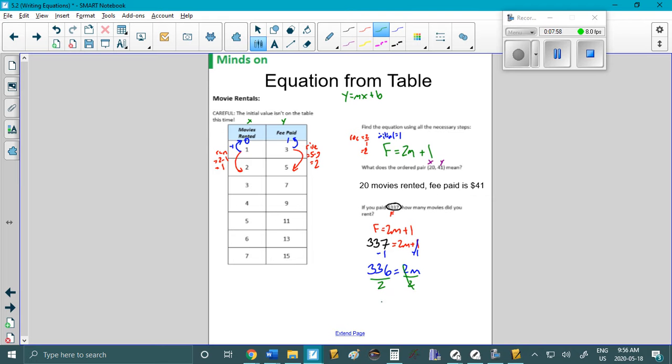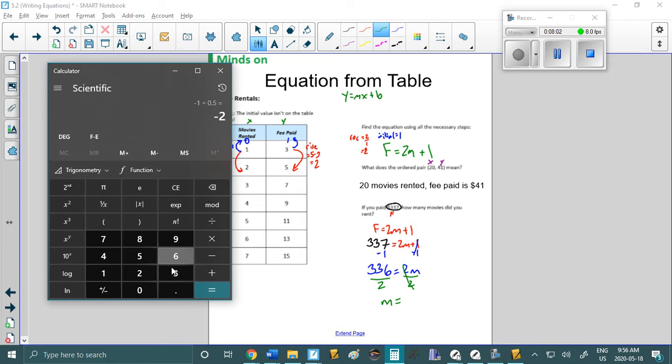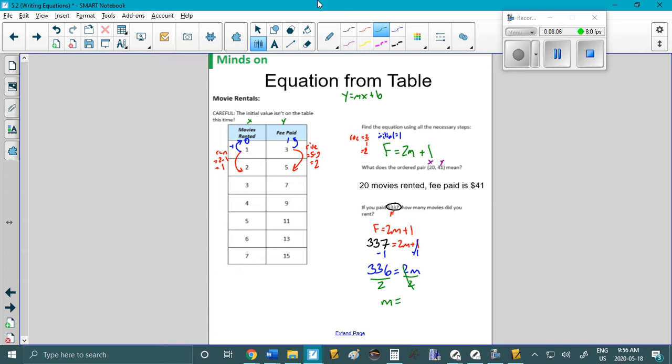These cancel out, and we get m equals 336 divided by 2, and it's 168. So 168 movies. So if you rent 168 movies, that's a lot of movies. It's going to cost you $337.